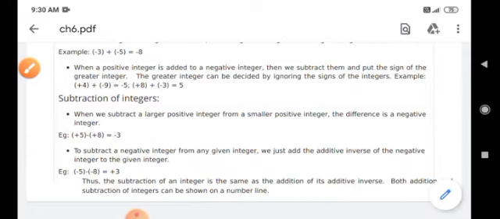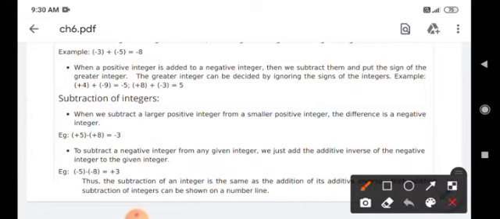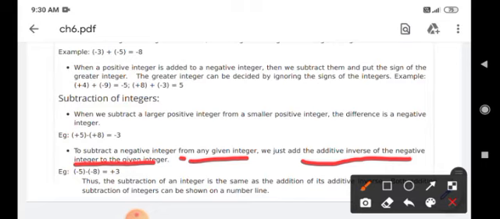Now the next one: to subtract a negative integer from any given integer, we just add the additive inverse of the negative integer to the given integer. What is the negative integer? Minus 8. We have to subtract minus 8 from the given integer.